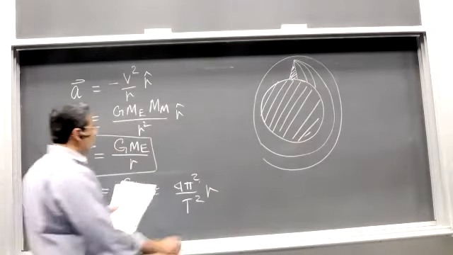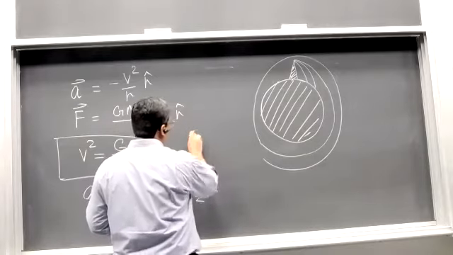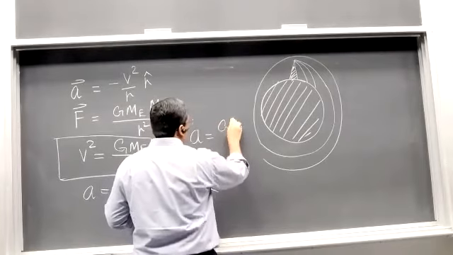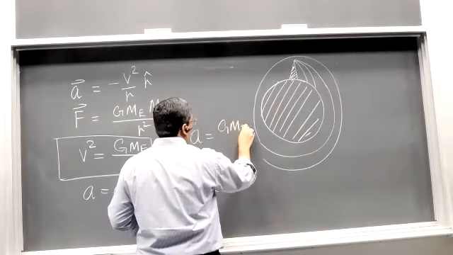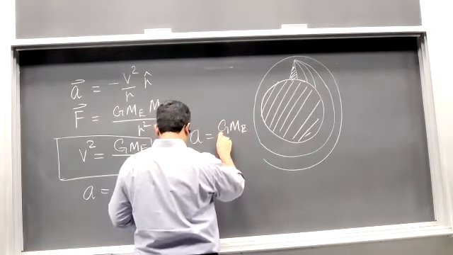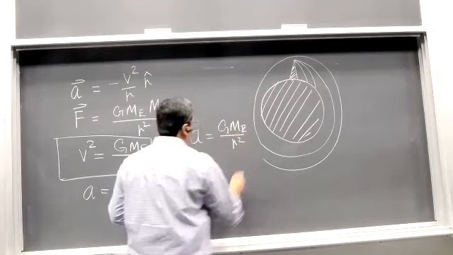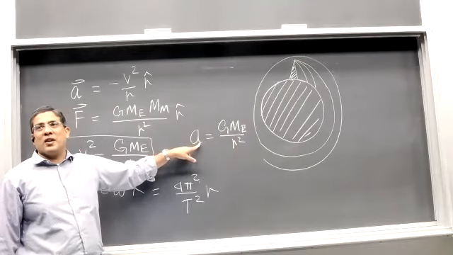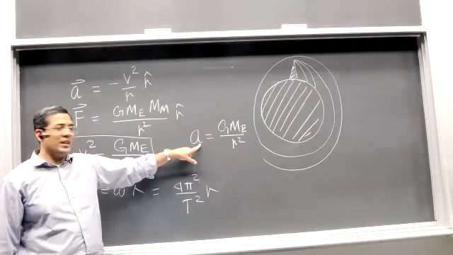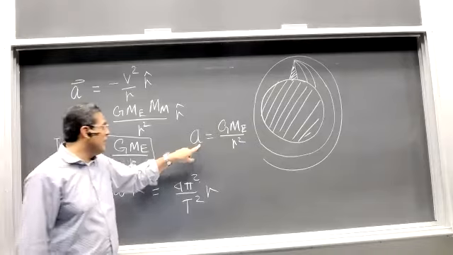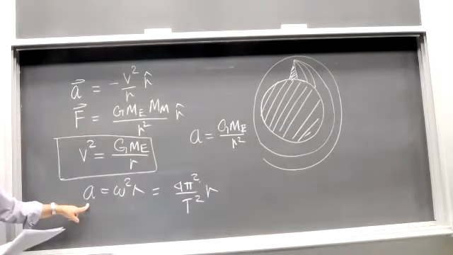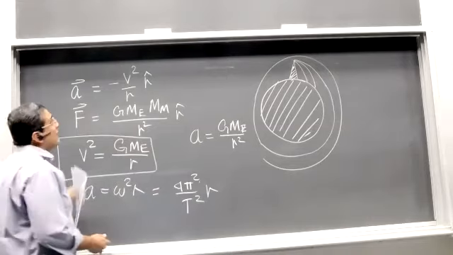And then we also know that the gravitational acceleration is a equal to G M_e over r squared. This is nothing but the small g, but at the surface of Earth. Not far away from Earth, its value is different, okay? That's why this is the more general expression.